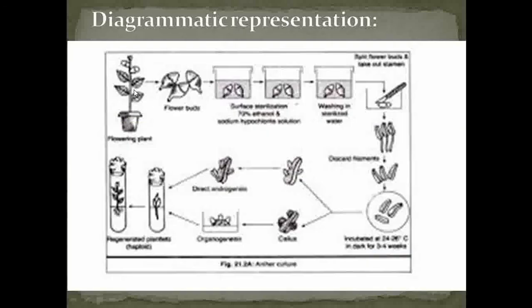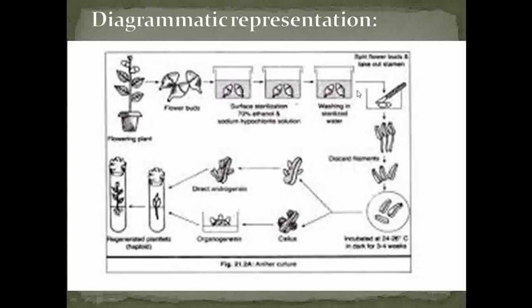So just see here, this is the diagrammatic representation. Here you have to remove the floral buds. Firstly you have to wash them with distilled water. Then you wash them using 70% ethanol. Then you have to dip them into 1% HgCl2. After that you have to thoroughly wash the floral bud several times with distilled water to remove all traces of HgCl2.